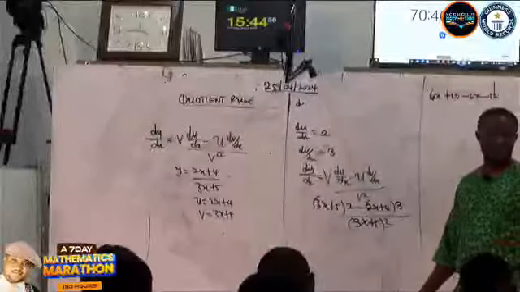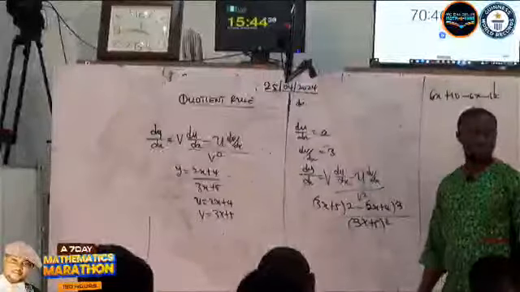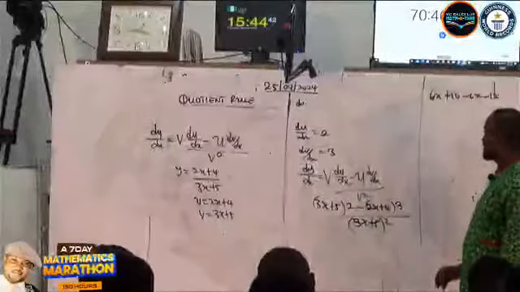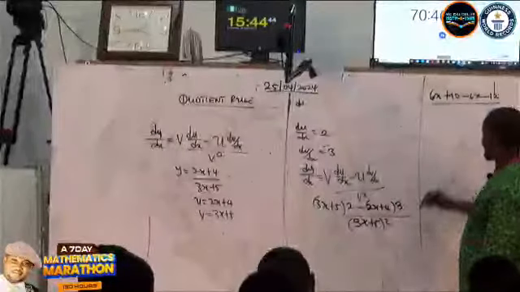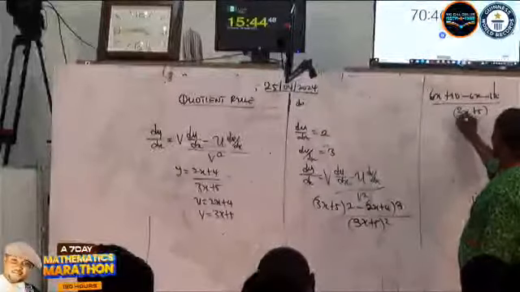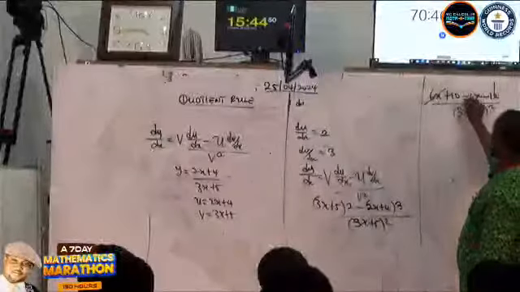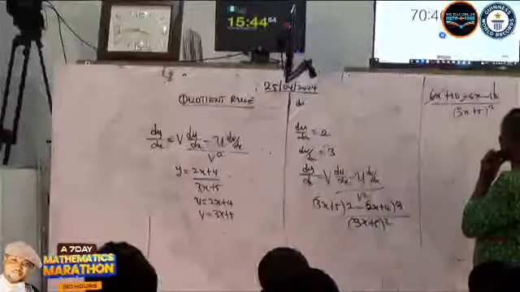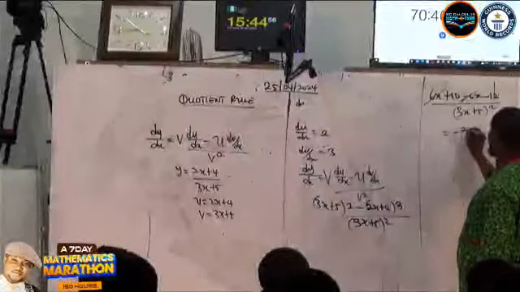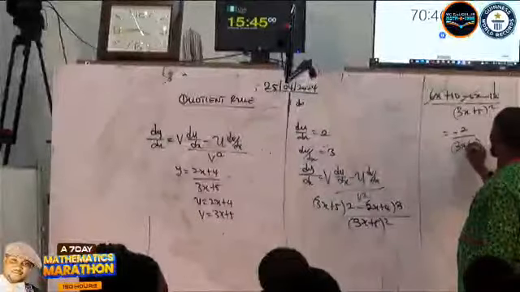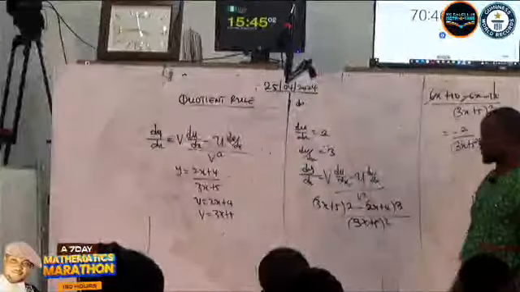If you don't open the bracket, it's not complete. Do you understand? So that will be divided by 3x plus 5 all squared. So 6x minus 6x is gone. 10 minus 12 equals minus 2 divided by 3x plus 5 all squared. Copy that.